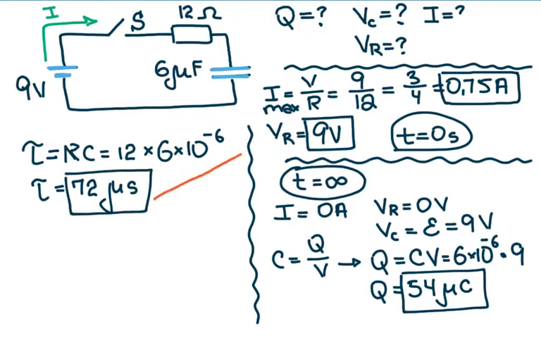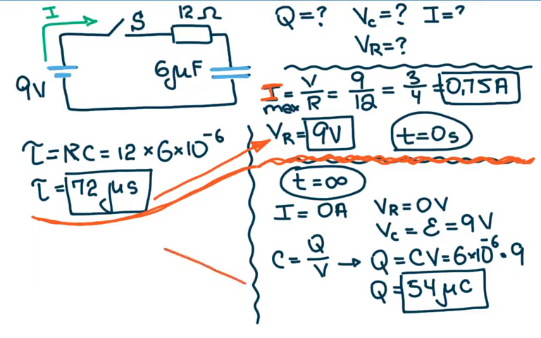So I would use these calculations right after the switch is closed, when I have the maximum current through the circuit and the voltage on the capacitor is still 0. This is for the time before 72 microseconds. And I will do these other calculations for the time past 72 microseconds.